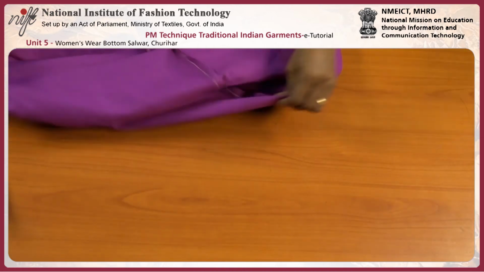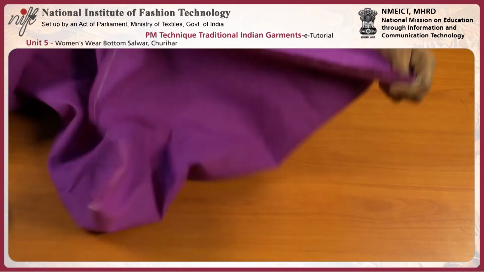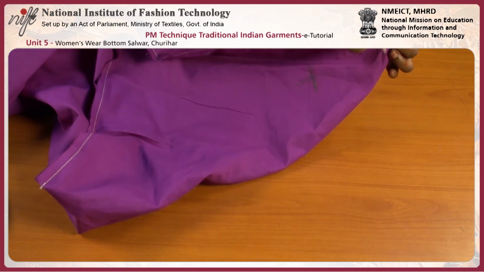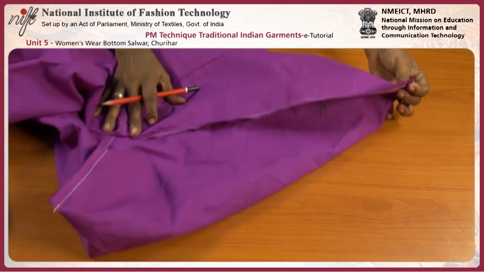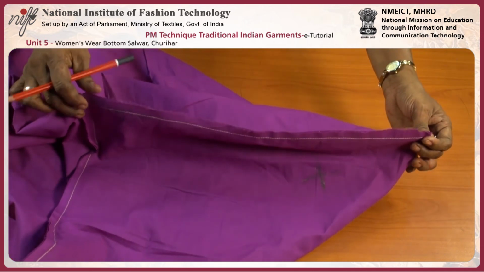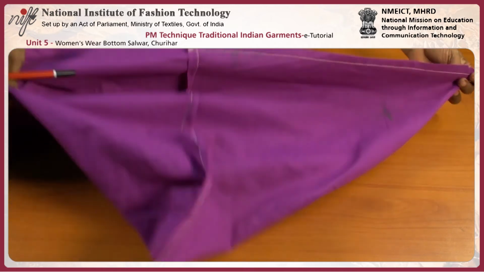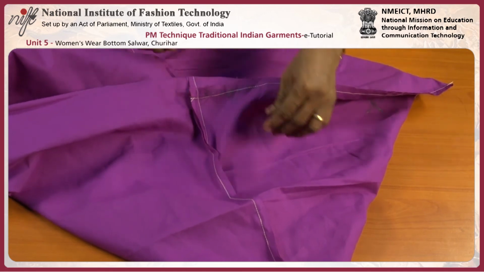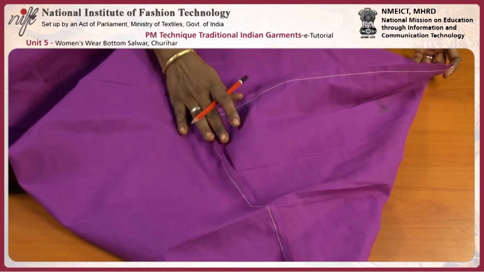We stitch the piece first at the cross grain by matching the selvage, and then we place it at the middle of the fold.